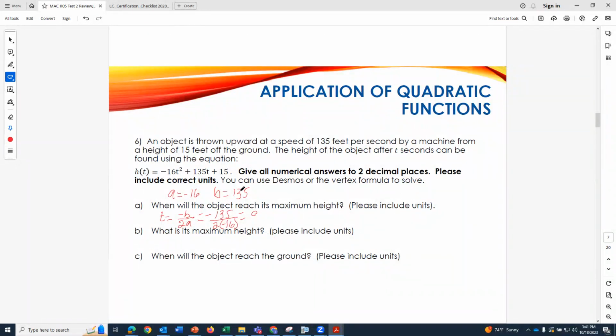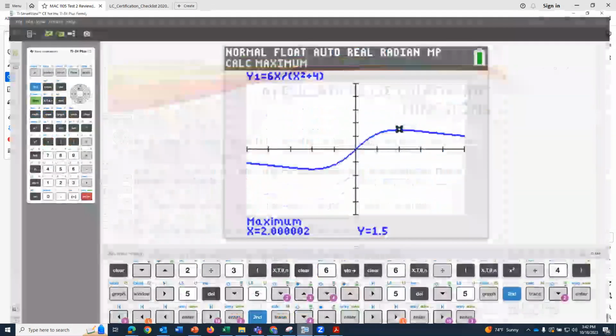Sorry, it's 135 over 16 times 2. It is 4.218. And I can use this calculator also.